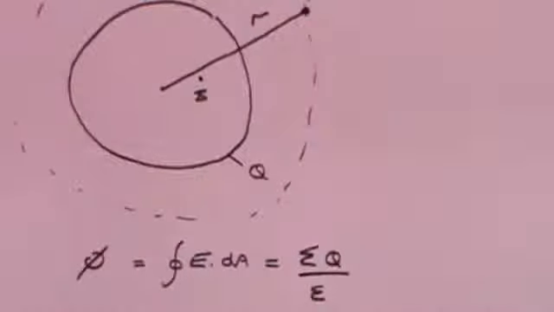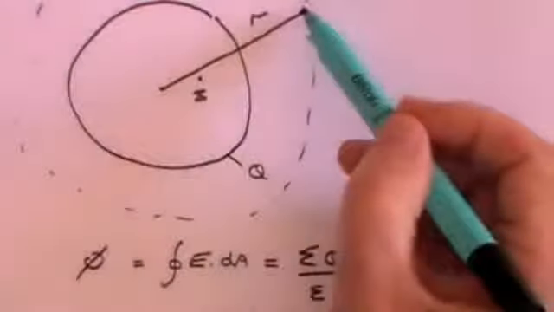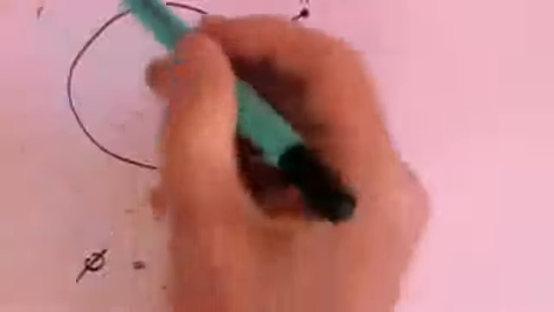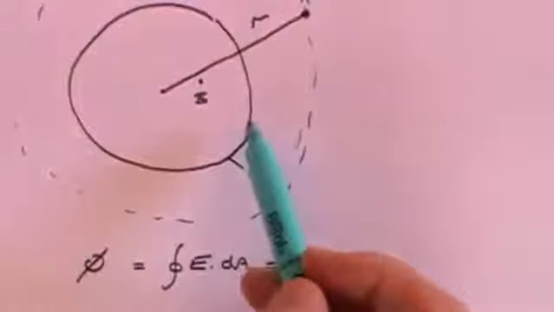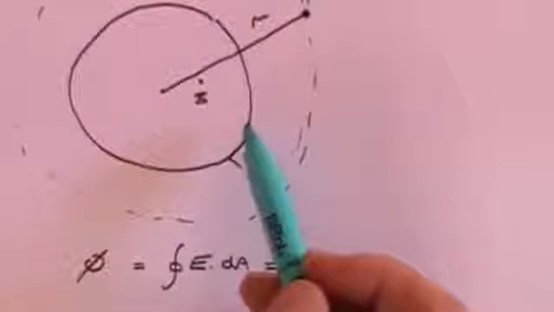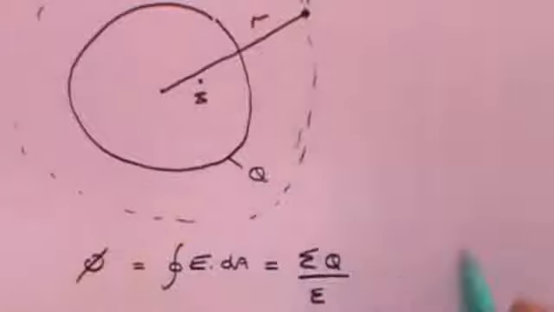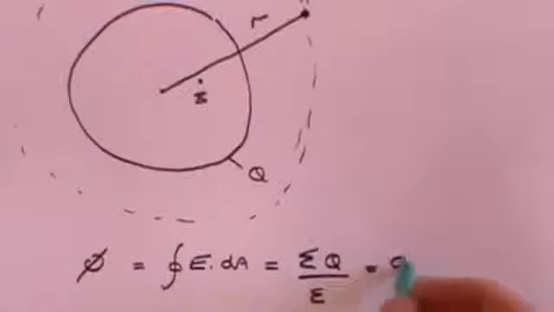That's Gauss's law. Well, what is the sigma Q for this sphere here? It's the charge enclosed, the charge within the sphere. What is the charge within the sphere? It's plus Q. So that is simply Q over epsilon.